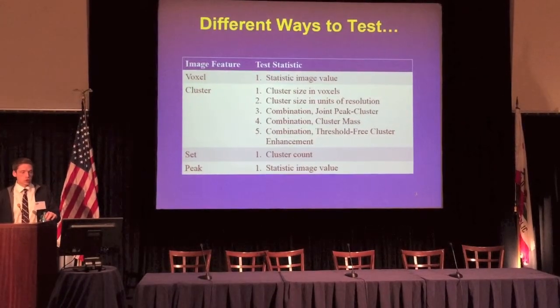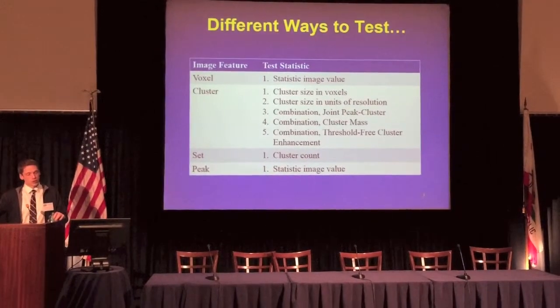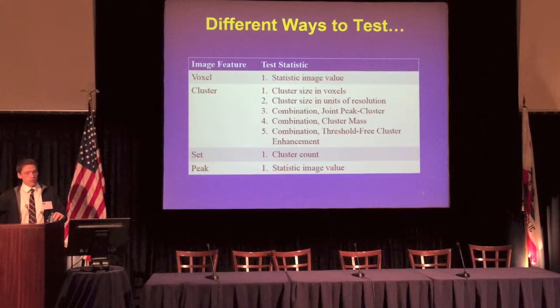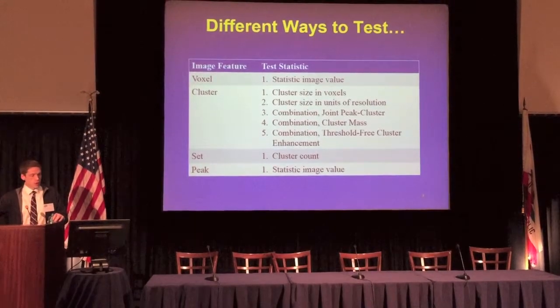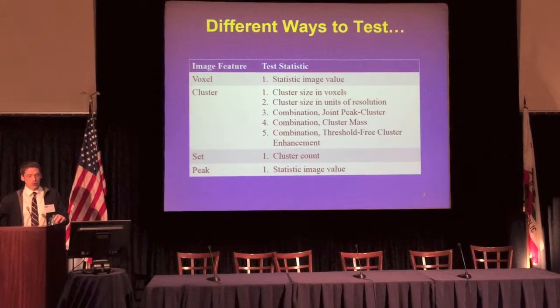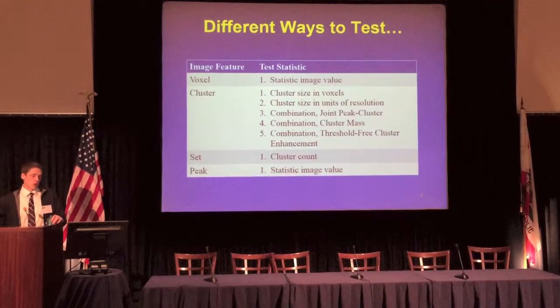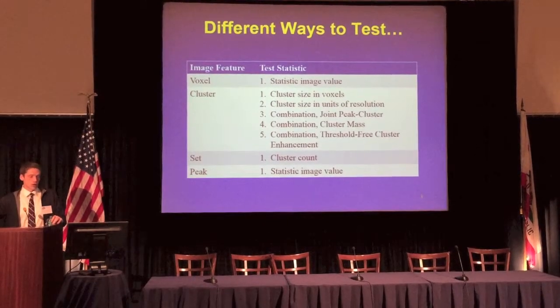There are several combinations that account for both cluster size and the significance of that cluster, and even more complex combinations. And then you can also test for statistical significance of a cluster set where you have several clusters. And finally, you can measure the significance by peak.